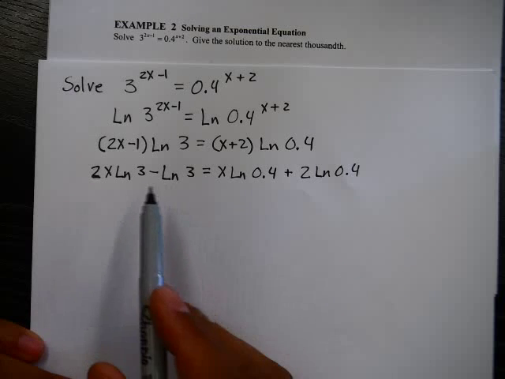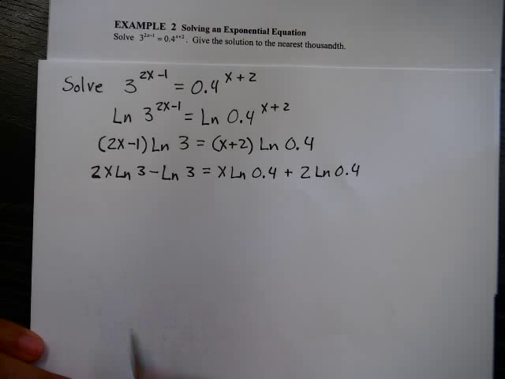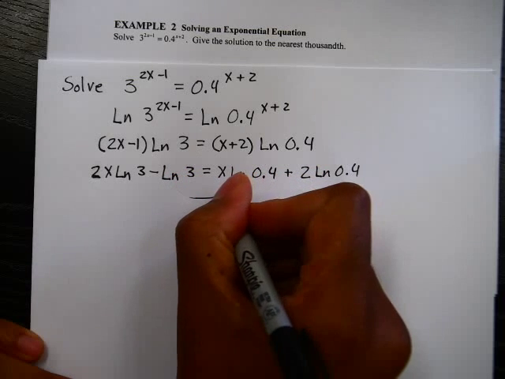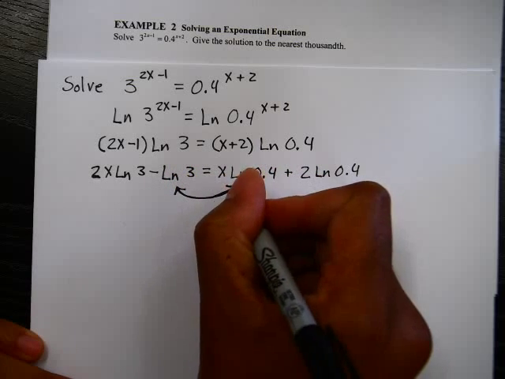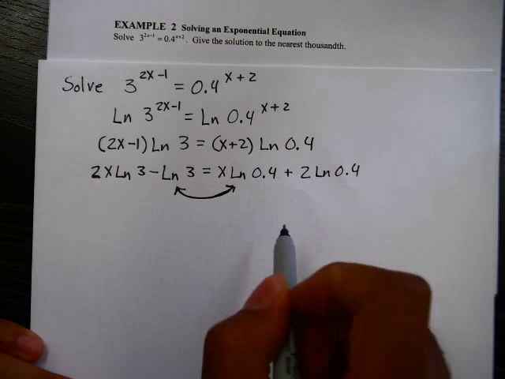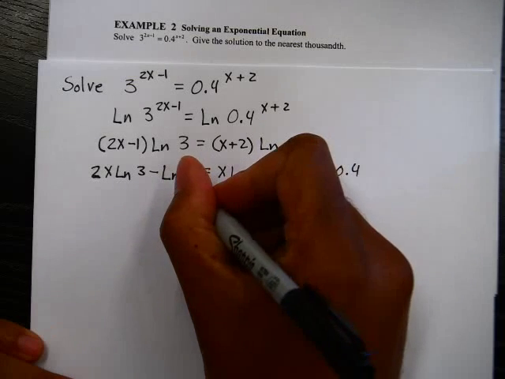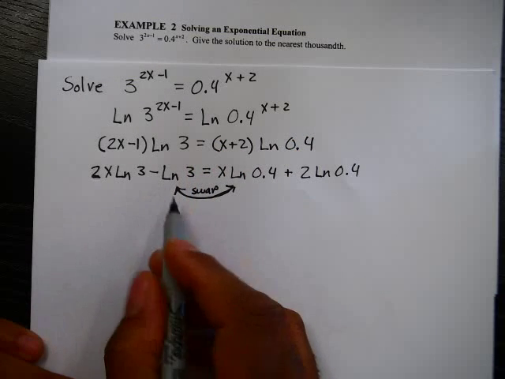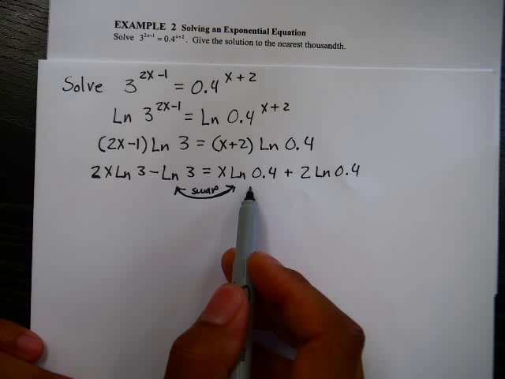Now I have a situation here. I have x's on both sides of the equal sign. I need to keep those x's to one side. So what I'm going to do is what I call a swap. I will swap these two terms out. But remember, when you bring it across the equal sign, you have to change their sign. So when that negative ln of 3 goes to the right side of the equal sign, it becomes a positive.